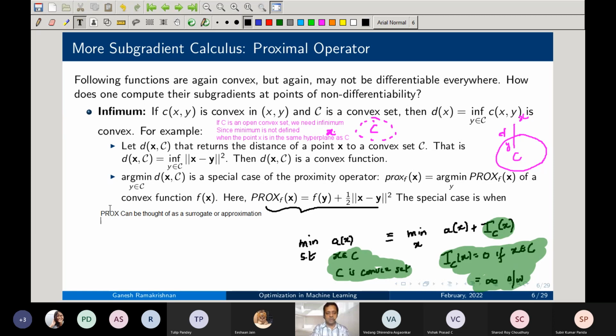Approximation of the indicator. Okay. So this is a special case. Special case is when we have f(y) is the indicator function.